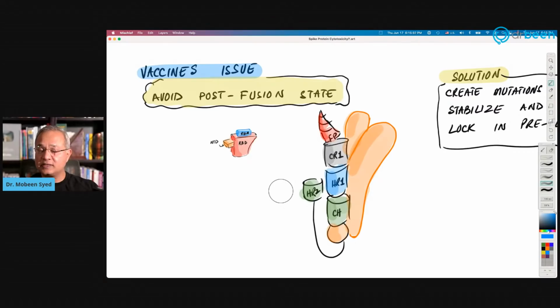So our immune system will not even know that the virus is in here, because the virus's S protein is going to be in a closed state and the blade is hidden. So then for researchers, the problem becomes, how do we make an S protein that does not open so that our immune system recognizes it?